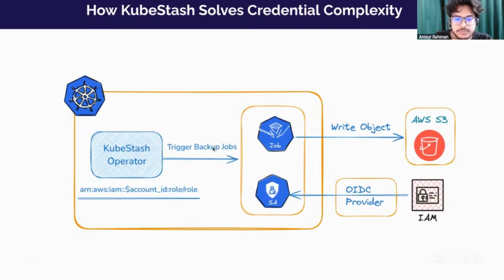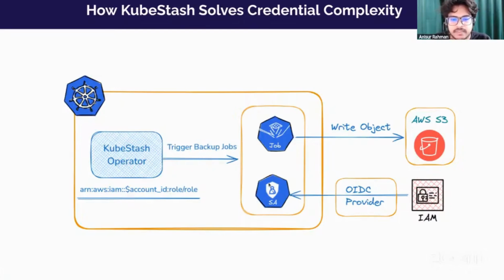KubeStash is also responsible for creating this service account. Once the KubeStash operator service account has the ARN value of the EKS cluster's AWS OIDC provider role, KubeStash also adds this value to the backup job service account.